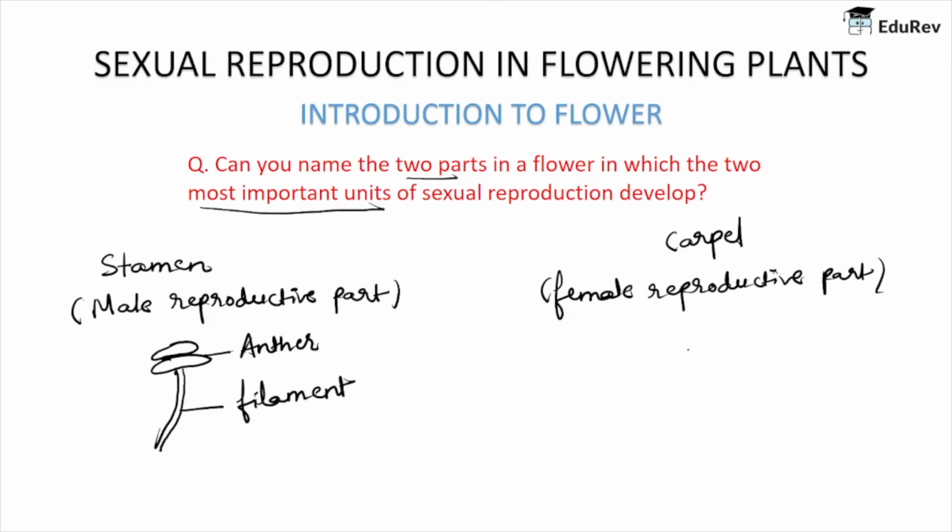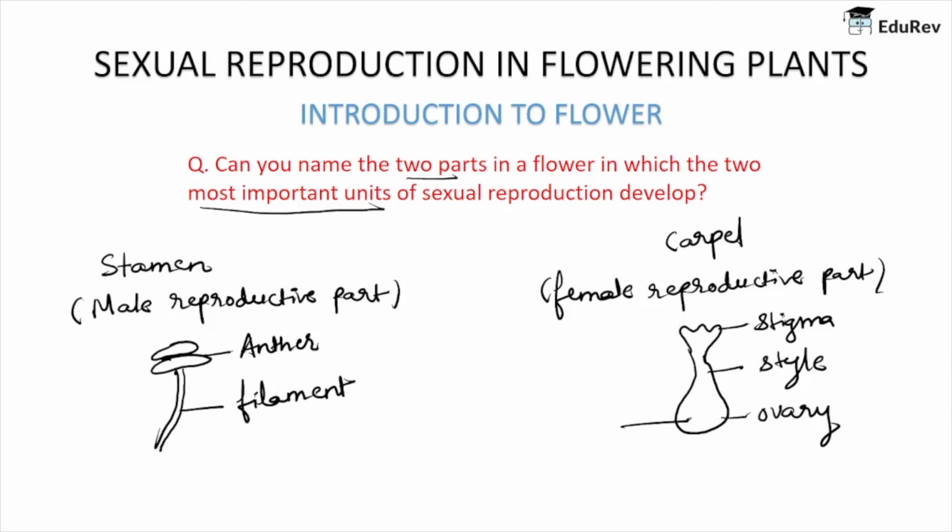Now, if I draw the structure of carpel, it looks like this, and it is also divided into three parts: stigma, style, and ovary. We also studied that the sexual reproduction in flowers takes place inside the ovary. So I can write down that reproduction takes place in this region of the flower.